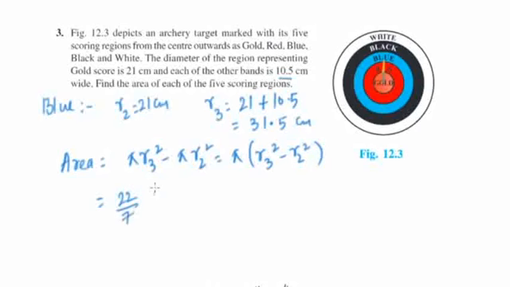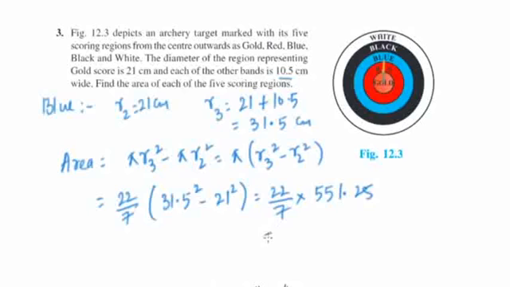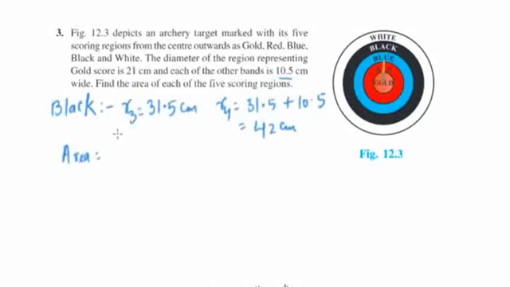So it will be 22 by 7, 31.5 square minus 21 square, which is the same as 22 by 7 multiplied by 551.25. And on solving this, we will get the area of the blue region, that is 1732.5 square centimeter.